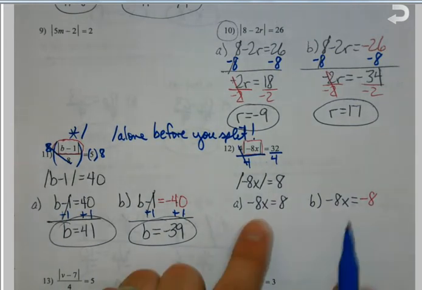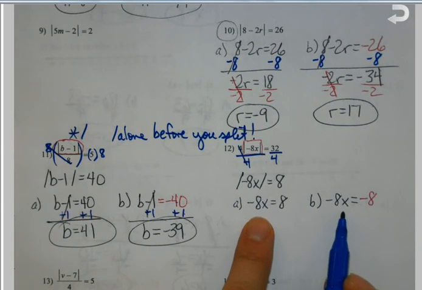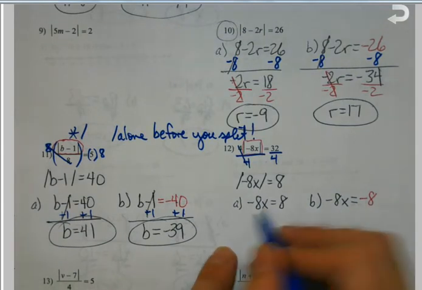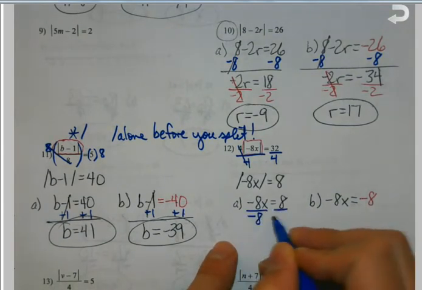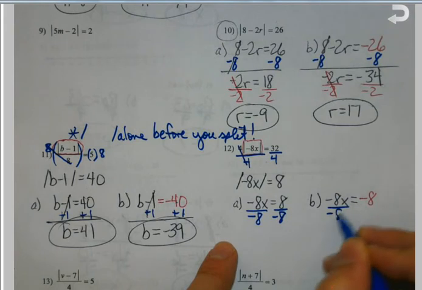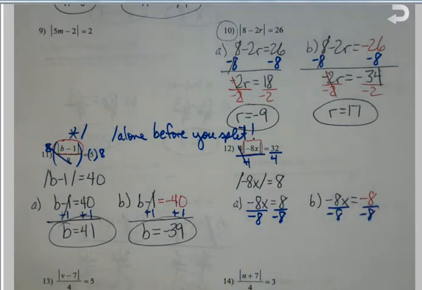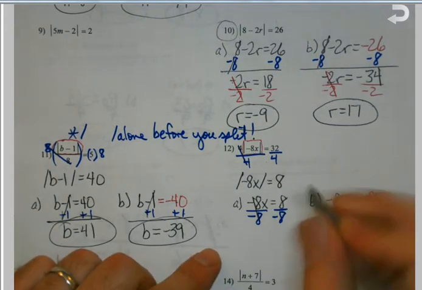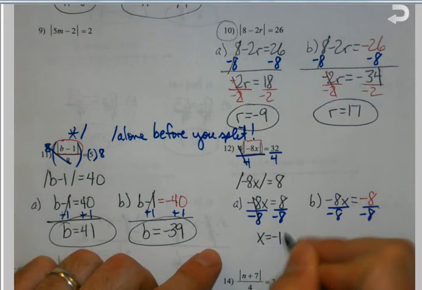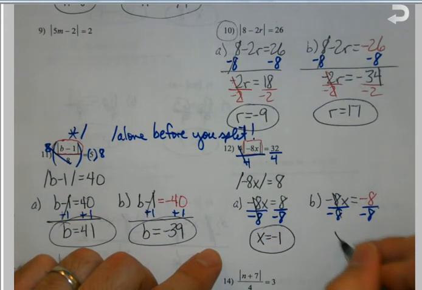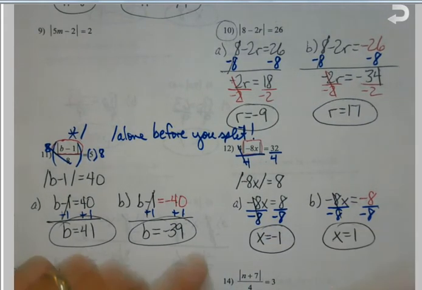How am I going to get my x alone here? Okay, we're going to divide by that -8. Nice thing about these split equations is I do the same thing to both of them. And I can get my answer.